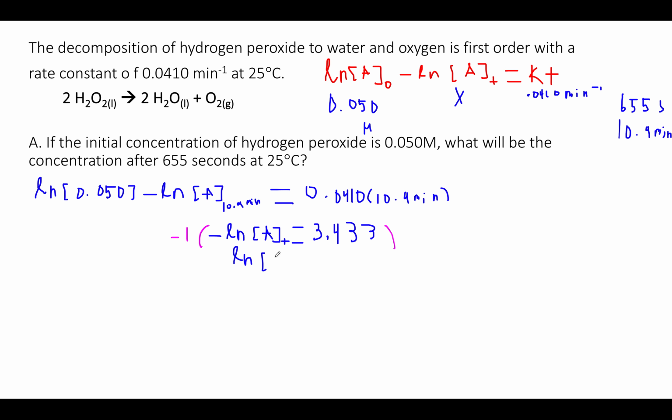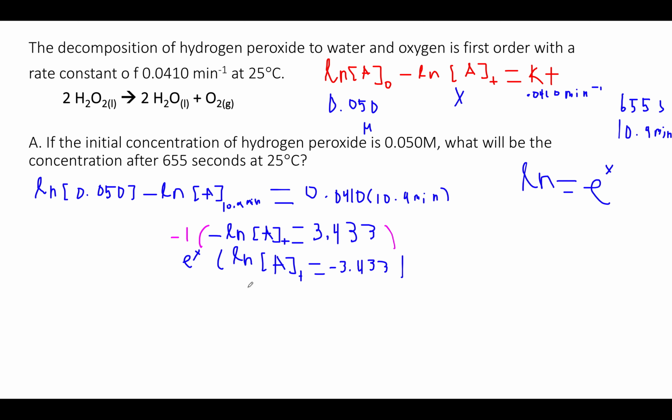So now the ln of the concentration at the time would equal negative 3.433. So that took care of the first problem. Second problem is we need to find the inverse of this function to cancel it out. If you recall, the inverse of the natural logarithm is e. It's just an algebraic function. So to undo the natural logarithm here, I'm going to multiply both sides by e to the x.